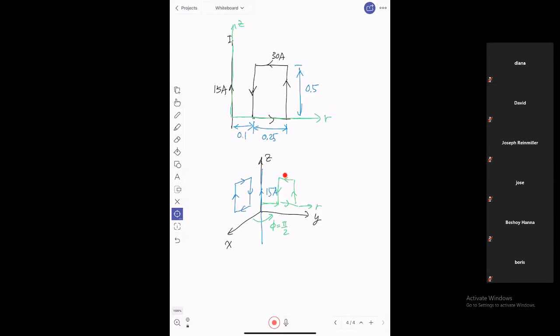Any questions in terms of how you pick your coordinates? I suggest that you put this going out as a distance away, because this has cylindrical symmetry. This is a distance away from the wire here, and we can pick one phi, whatever phi is. The simplest is phi equal to 0, on the plane for phi equal to 0. Everybody follow that?